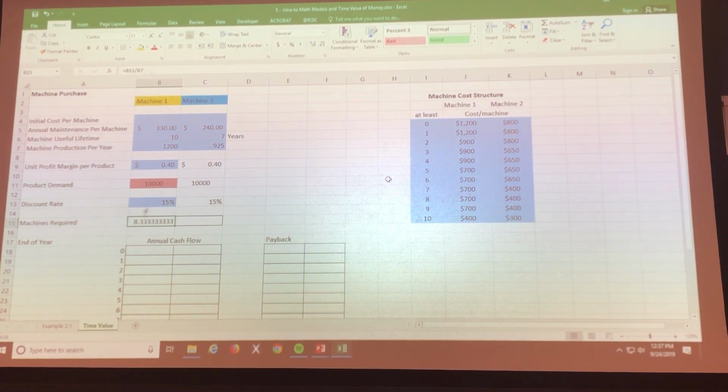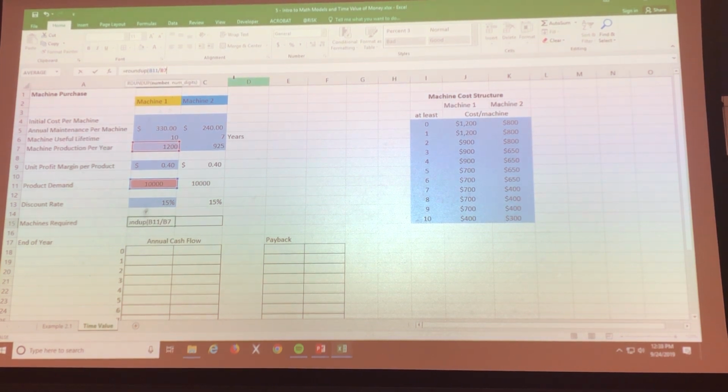So we have to decide something, and that kind of goes back to that assumption I was just talking about. Are we just trying to get close? What are we trying to do? We are trying to make and sell 10,000 units. So therefore, how many machines do we need? 9. We gotta have 9. And I need to turn that into 9, and so I need to round up that number.